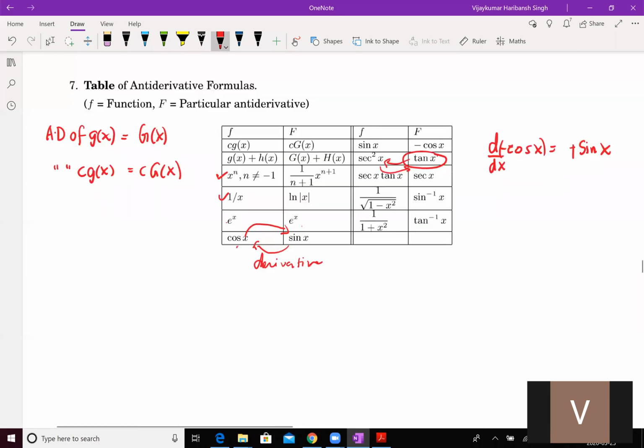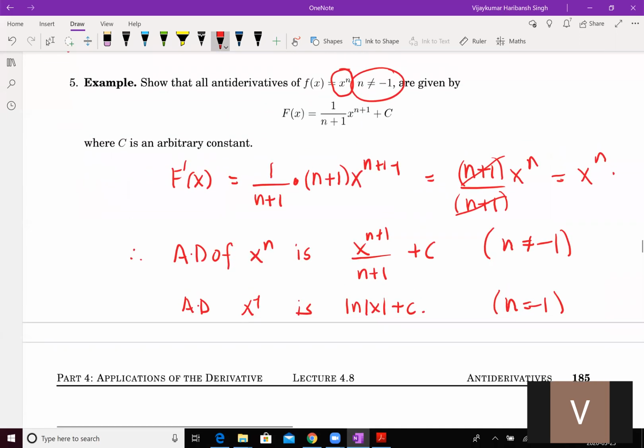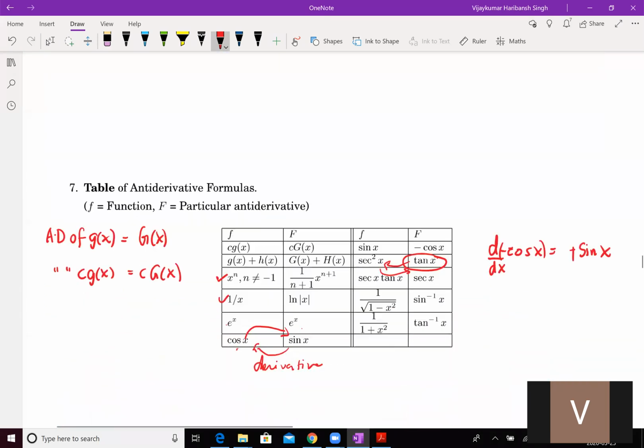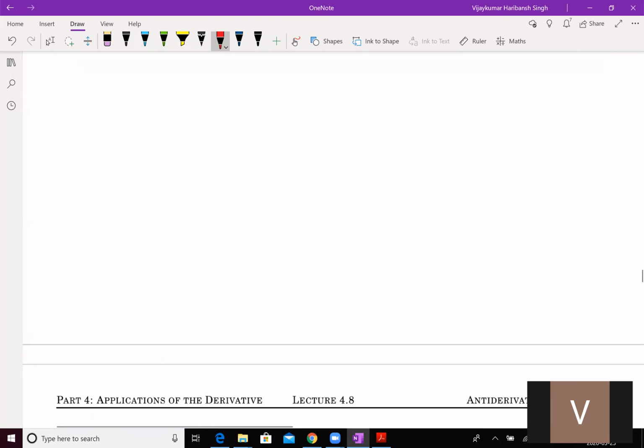Now go back to the power rule. What power rule do we have for the antiderivative? If it is x to the power n, it is going to be x to the n plus 1 divided by n plus 1. So you add 1 to the power and divide by that new power.